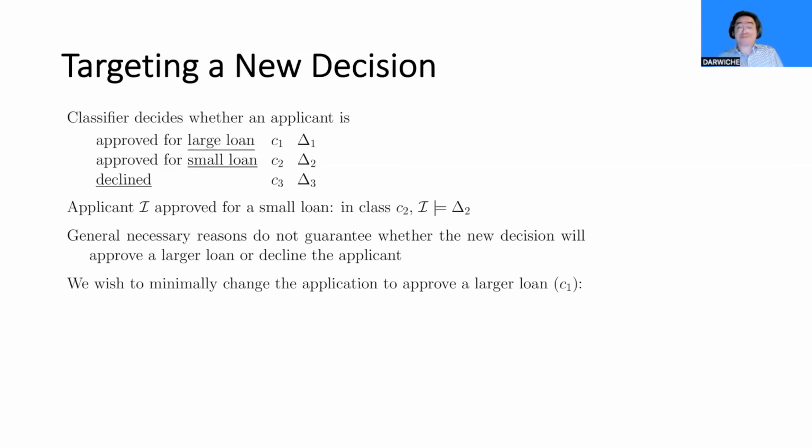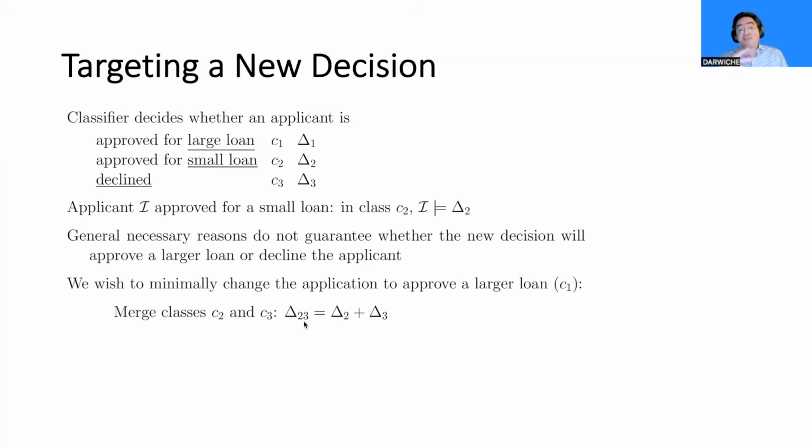One way to do this, nicely and simply, is to merge these two classes, that is 2 and 3. Why are we merging? You merge everything except the one you're targeting. So I just combined the two class formulas.